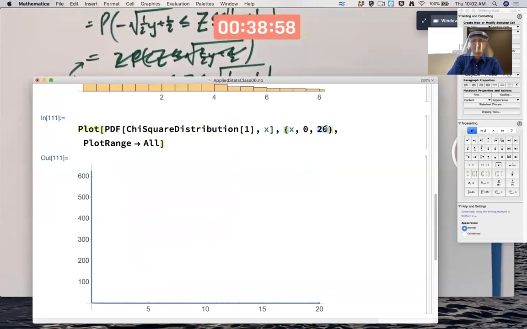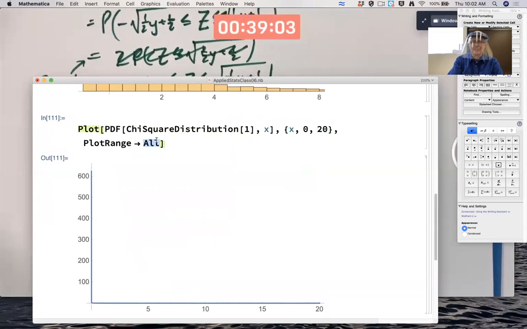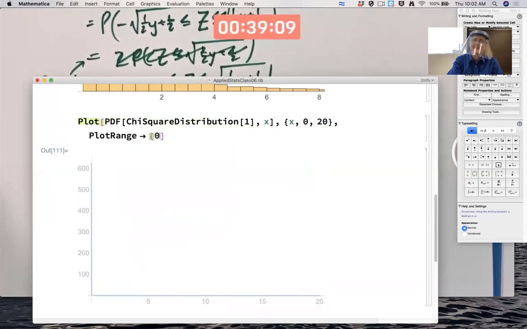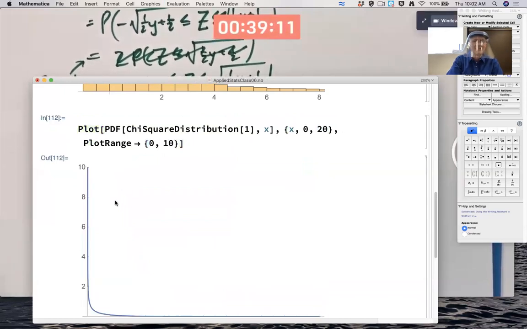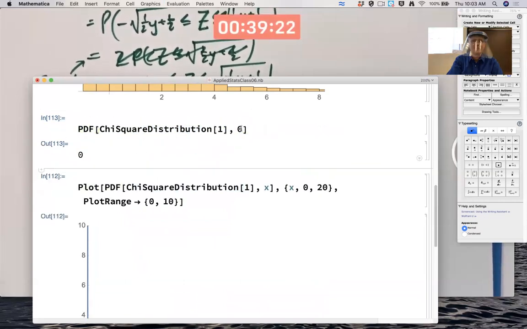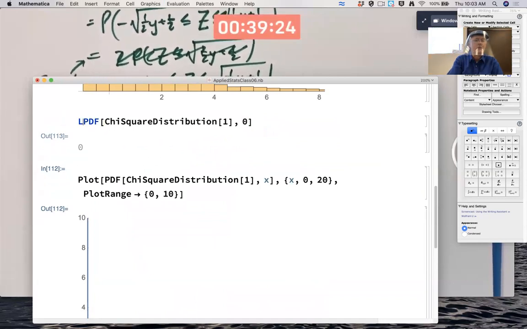Very steep there. It doesn't have a vertical asymptote, but it's close to having a vertical asymptote. It does have a highest value. Okay. How about limit?